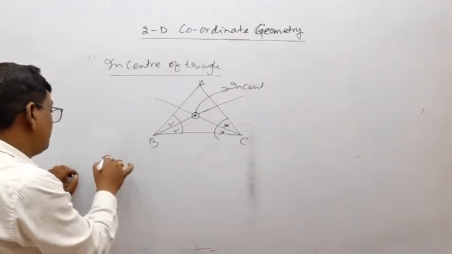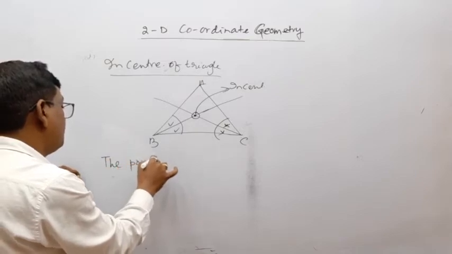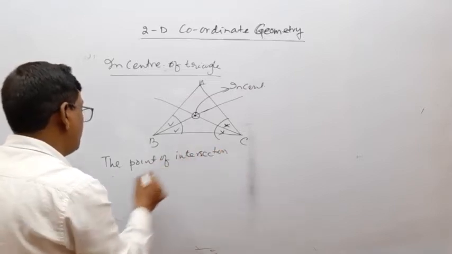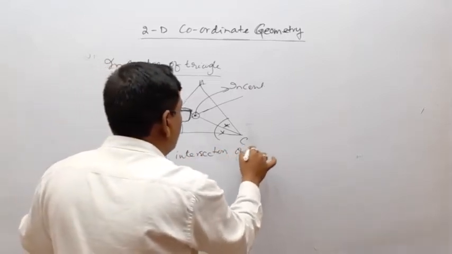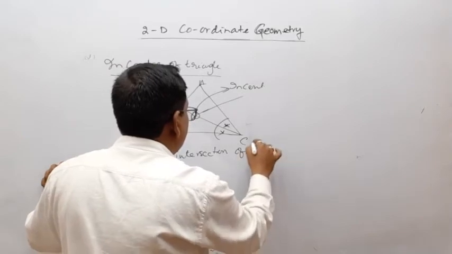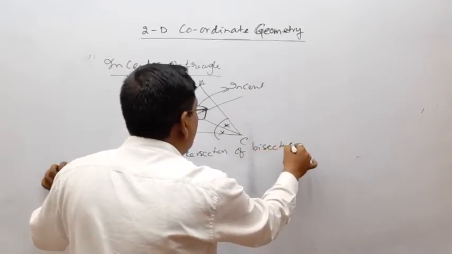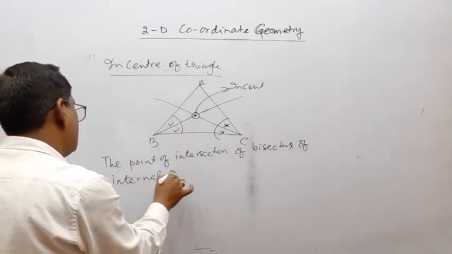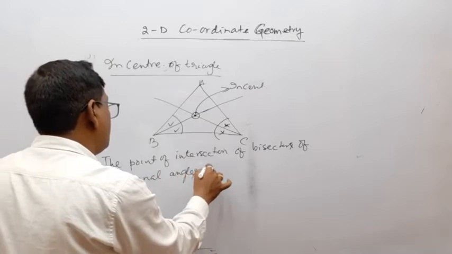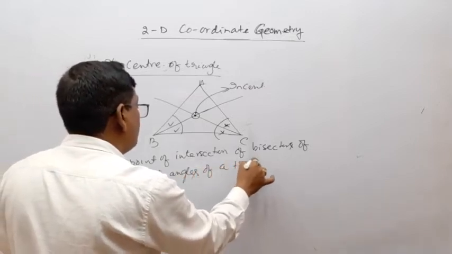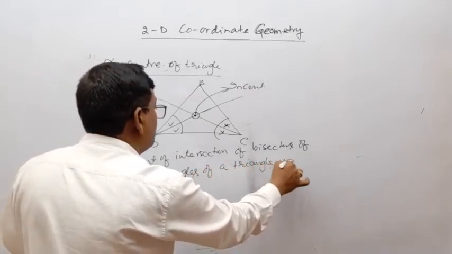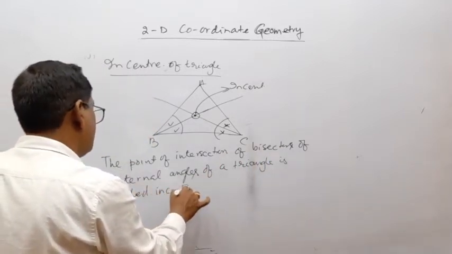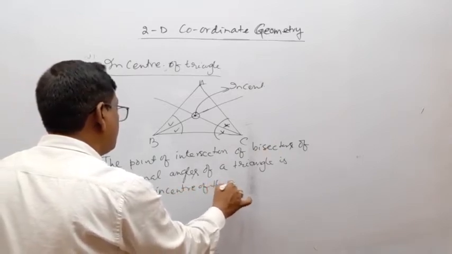The point of intersection of the bisectors of internal angles of a triangle is called the incenter of the triangle.